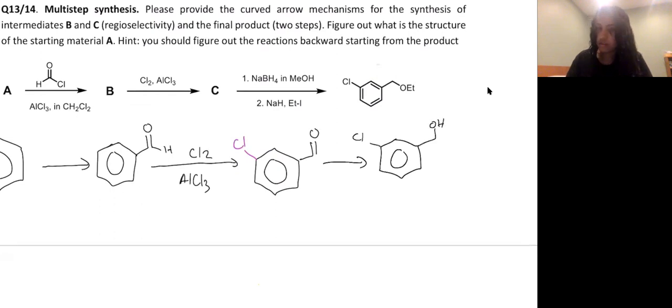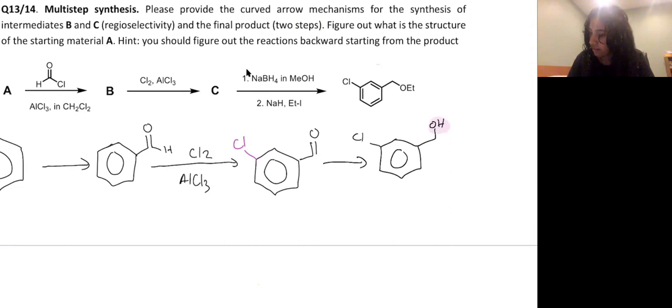So now we have this thing floating around. In step 2, he's giving you a strong base and an alkyl halide. I'm pretty sure not many people remember. I definitely forgot chapter 11 at this point in the semester. But an alcohol plus strong base plus an alkyl halide is a Williamson ether synthesis.